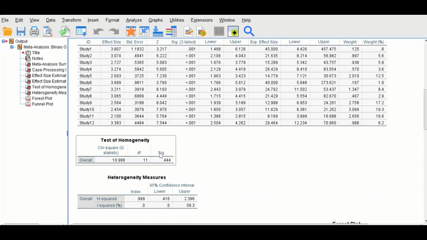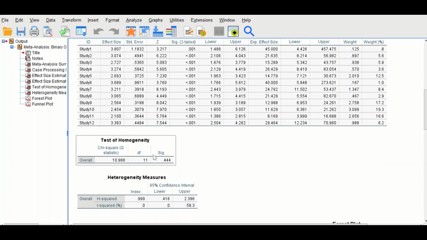For this section, which is the test of homogeneity based on chi-square and Q statistics, the degrees of freedom are given, and a p-value is given here.